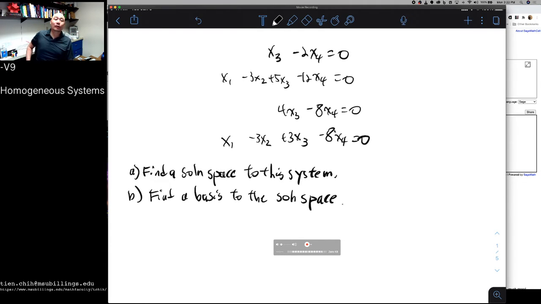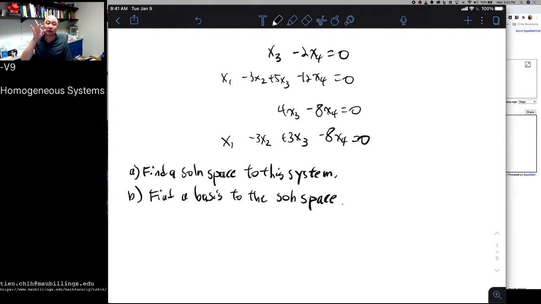All right, so what we have here is a homogeneous linear system. And what that means is we have a system of linear equations, but where the solution vector is all zeros. And so what we're looking for is to find all of the possible solutions to this system of equations.